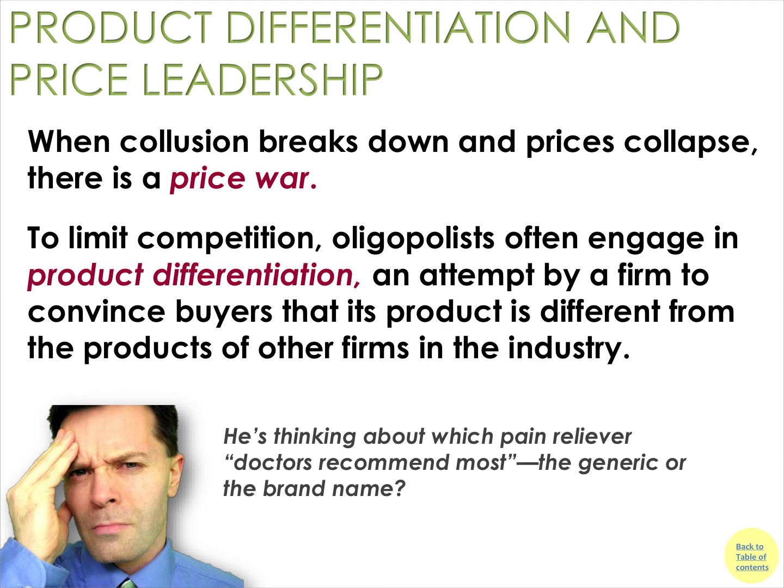So if things break down and you become competitive with your other firms, it's a price war. So how do you get around that? Well, you try to collude or you try to cooperate with each other, but that doesn't always happen. So you could try to product differentiate as well, so that you have more control over your customers.